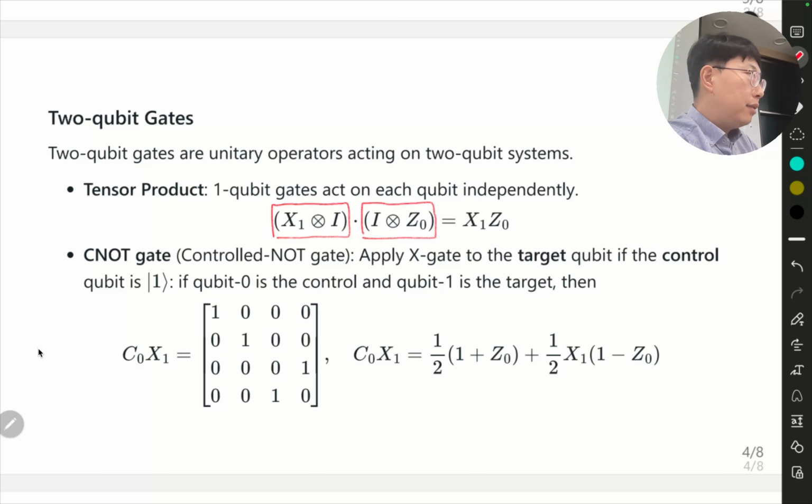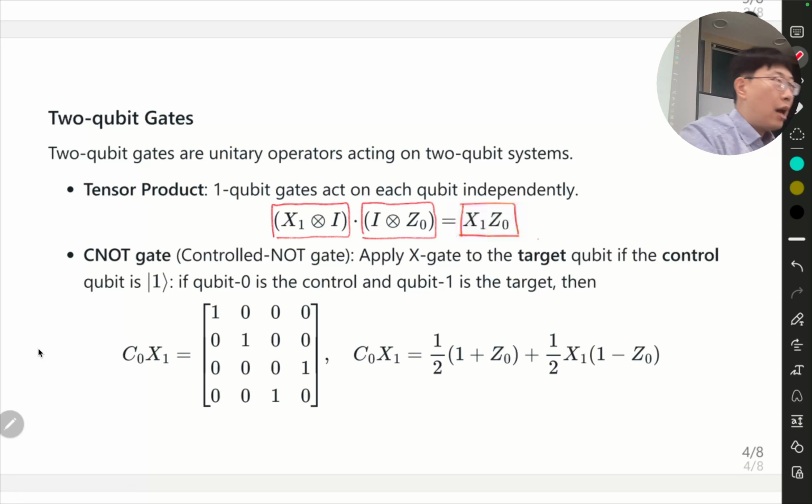However, you can apply the gates at the same time. It really doesn't matter, because even if you apply a gate on qubit 0, it doesn't affect the state of qubit 1. It only applies to qubit 0. So you can take these two gates separately and write it this way.